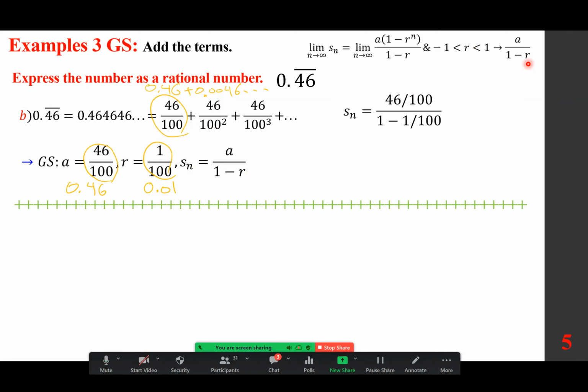We're going to multiply the top and the bottom by 100 because this is a complex fraction. When we multiply these two, we get 46. And we multiply these two, we get 100 minus 1, which is 99.